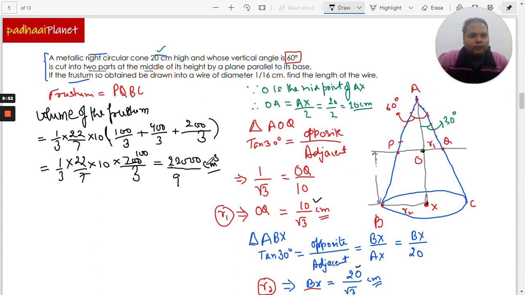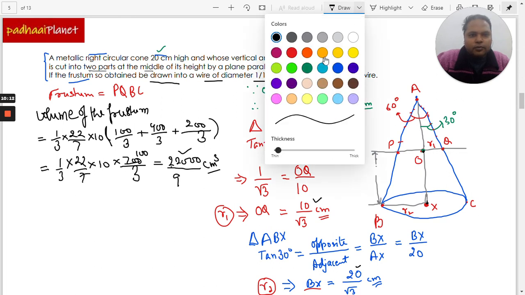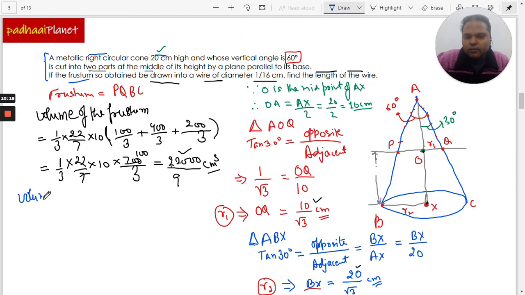Now this is the volume of the frustum which we are going to use to draw the wire, and the wire has the diameter of 1 over 16, and we need to find out the length of the wire. Right now, let us use this figure, and we will write the volume of the wire is equal to 22,000 upon 9, or we can also write pi r square h.